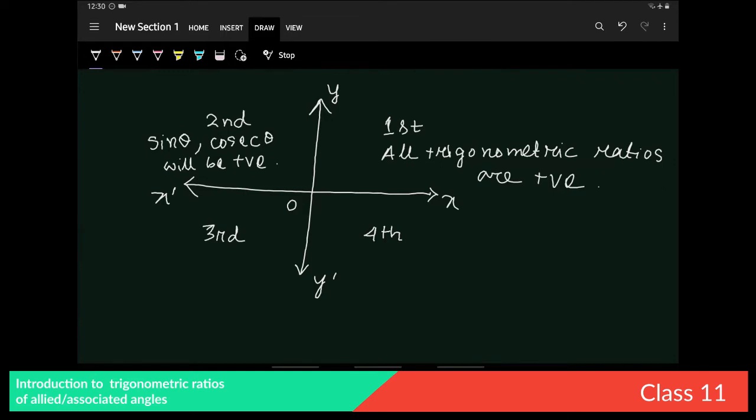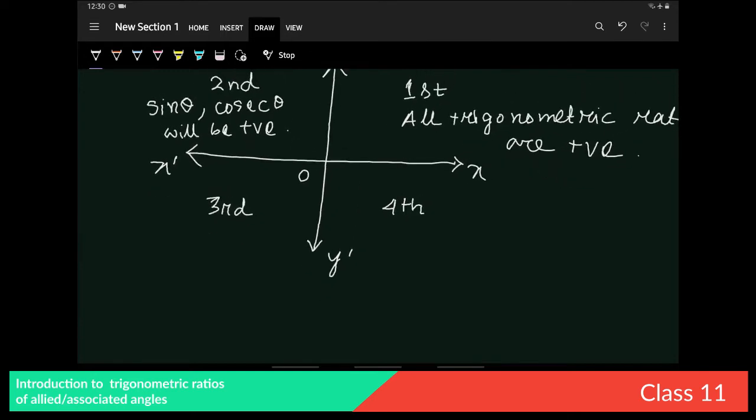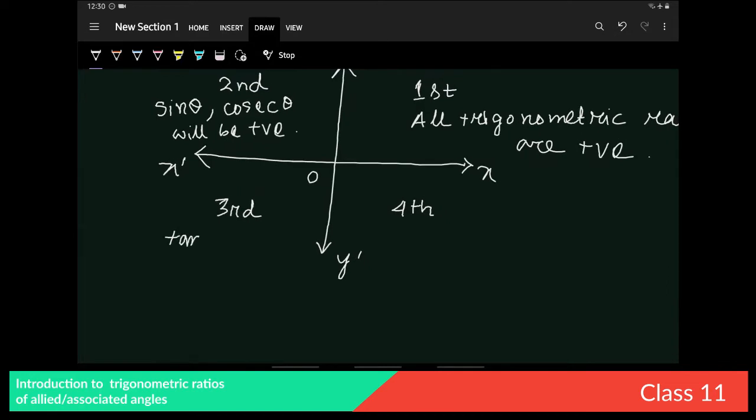Okay, now in third quadrant, it is saying that tan theta and its reciprocal, that is cot theta, are positive, but the rest trigonometric ratios are negative.